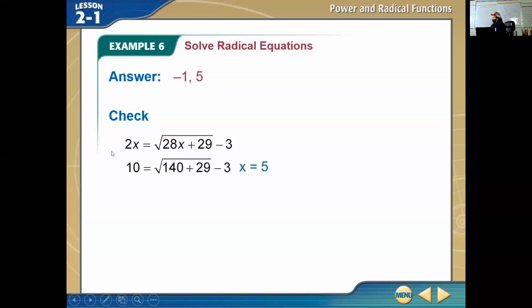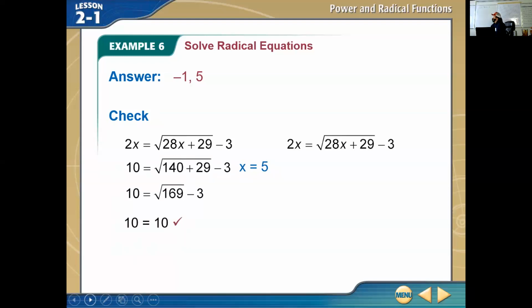This is where they're plugging in 5. So 2 times 5 is equal to 10. 28 times 5 is 140. 140 plus 29 is 169. So that's going to be 10 is equal to 13, because the square root of 169 is 13, minus 3. So 5 is going to check out. Square root of 169 is 13 minus 3 gives you 10.